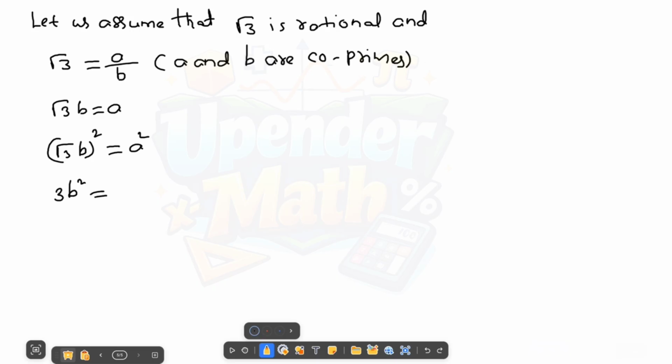So 3b square is equal to a square. Send 3 to the right side. b square is equal to a square by 3. That means a square is divisible by 3.